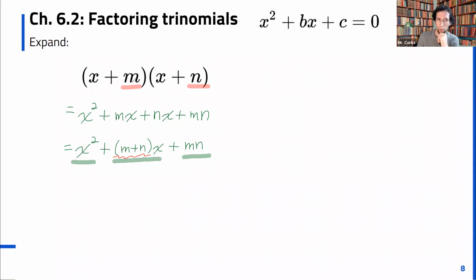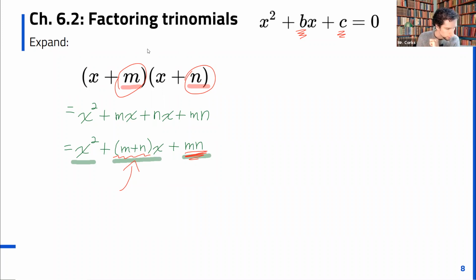So we take the two constants that we had, we add them together, and that will give us the coefficient on the middle term, the b value. And then we multiply those same two things together, and we get the c term here on the far right side. So that's the pattern. Add the two coefficients together to get the middle one, and multiply them together to get the one on the right.